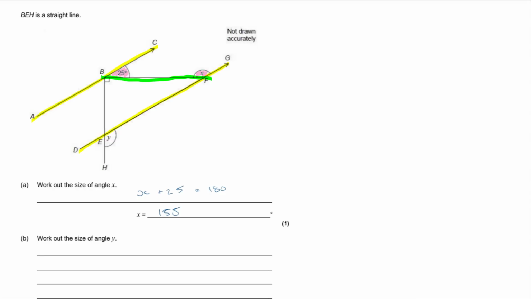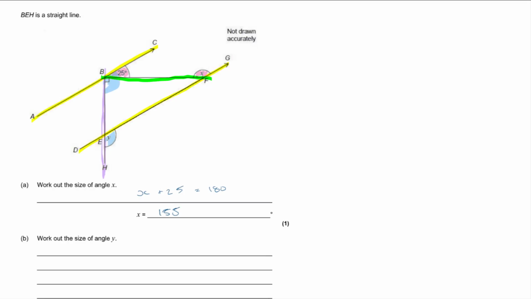Now, can I work out Y? Well, again, I've got a pair of parallel lines, okay, and I've got another transversal crossing them in this direction. And this angle down here, that's one of the angles in a pair of parallel lines and a transversal. Now, this one up here, the 25 and the right angle, must be corresponding to that Y, mustn't it?